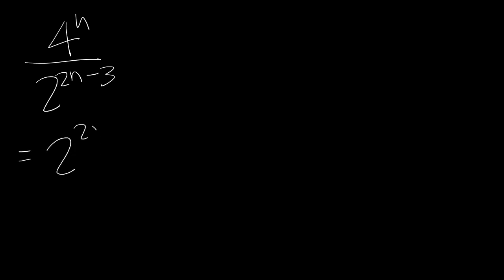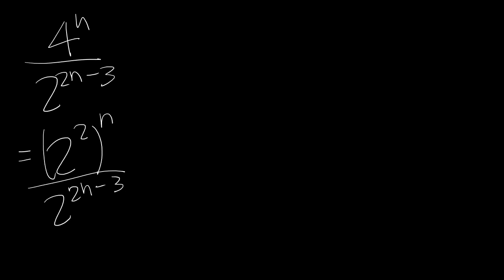So in the next question we have 4^n divided by 2^(2n minus 3). Our idea here is to take the 4^n and write it as an exponent with a prime number base. So we choose 2^2, and we multiply by the n, divided by 2^(2n minus 3).